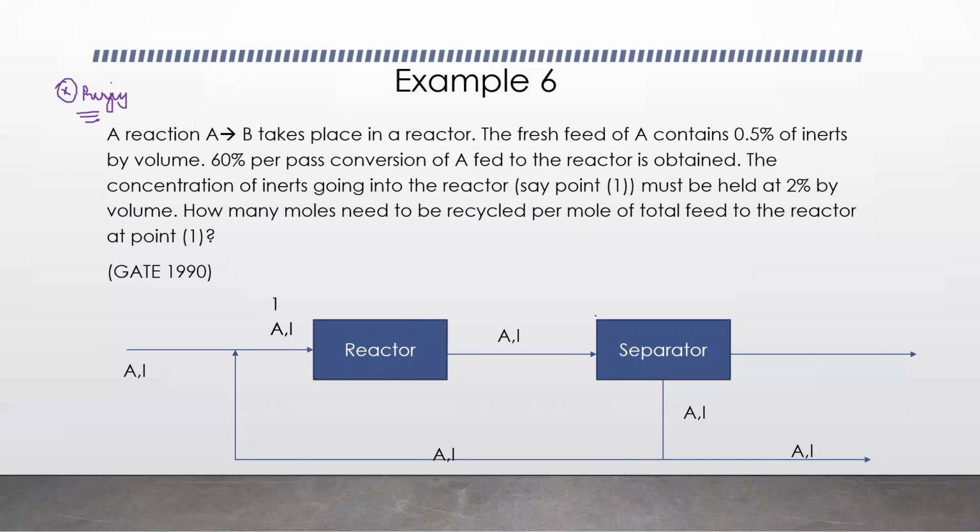One thing that you people are aware about purging operation is that purging is basically an extension of recycle, right? So what happens in purging, suppose this is my unit, this is my feed, this is my product, I am sending a part of this back as recycle, right?